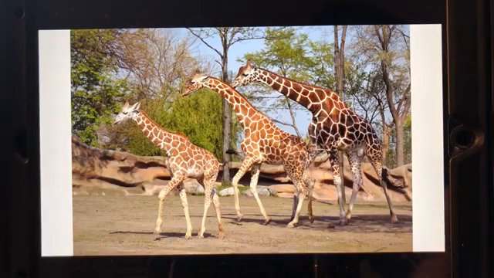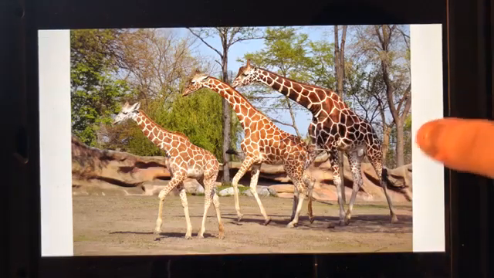So whereas the acacia tree needs its leaves in order to grow and produce energy, the giraffe needs the acacia tree's leaves in order to grow and produce energy as well. And so the giraffes depend upon the tree, and the tree actually also depends upon giraffes to spread out their seeds so they can reproduce.